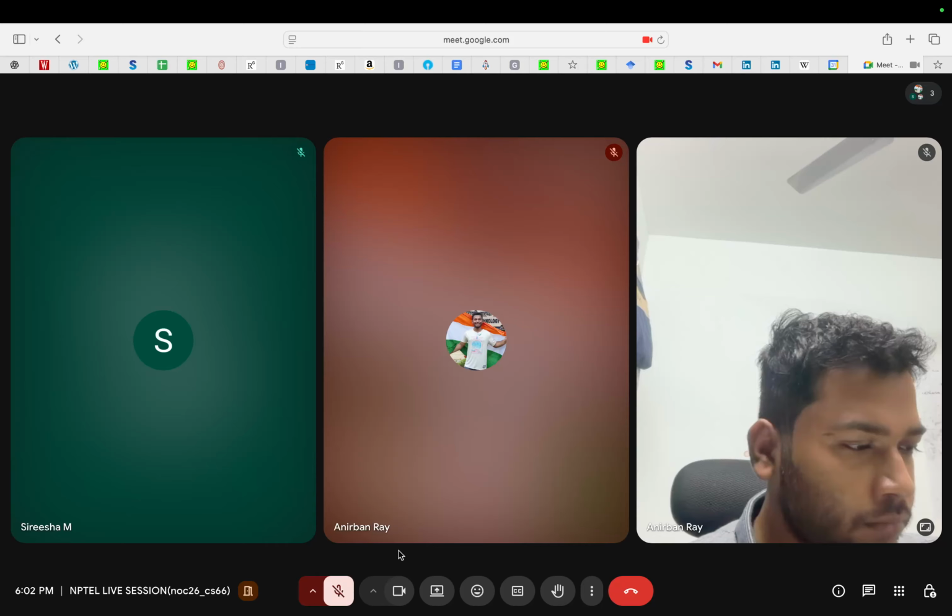So how do you write softmax? This is the question we have. We write softmax as e to the power, then sum over e to the power.